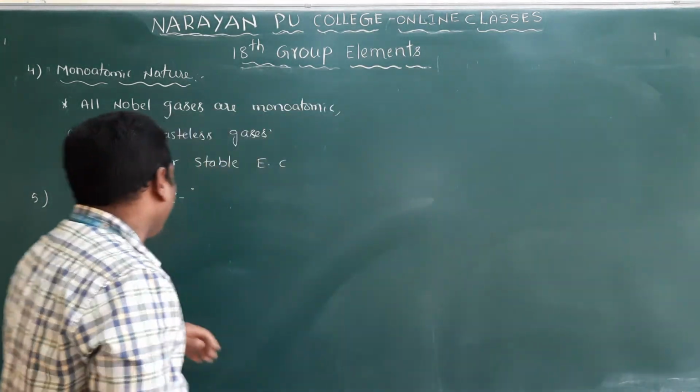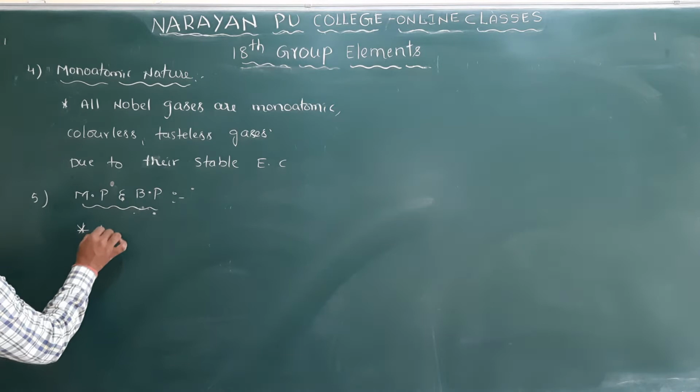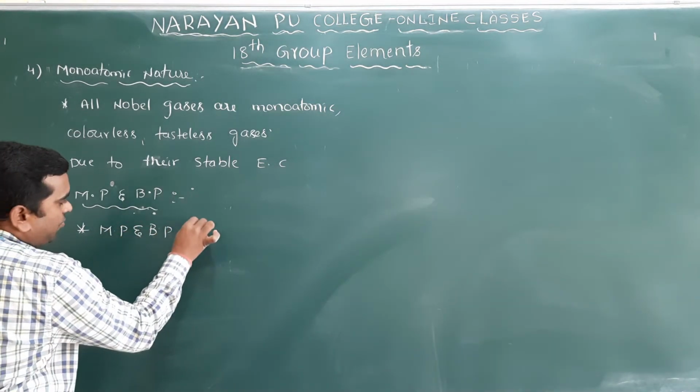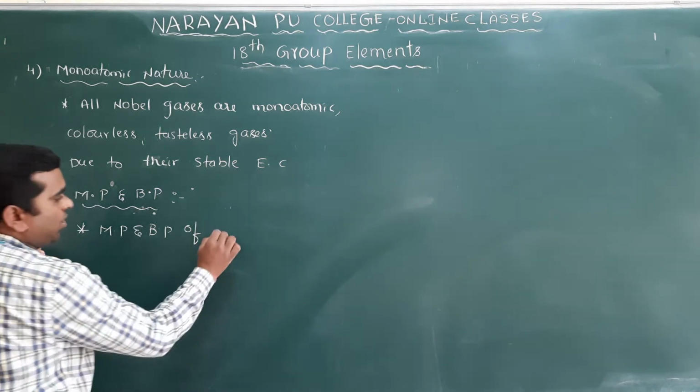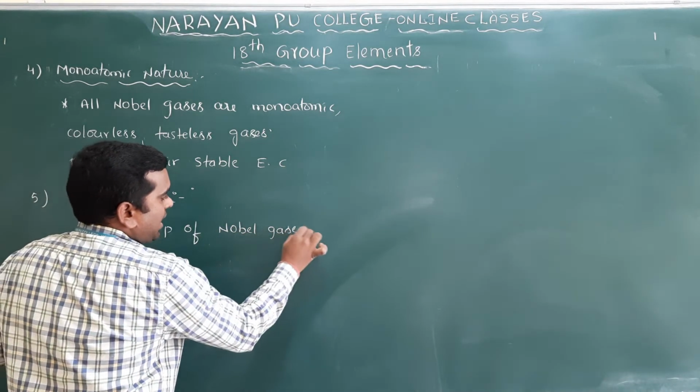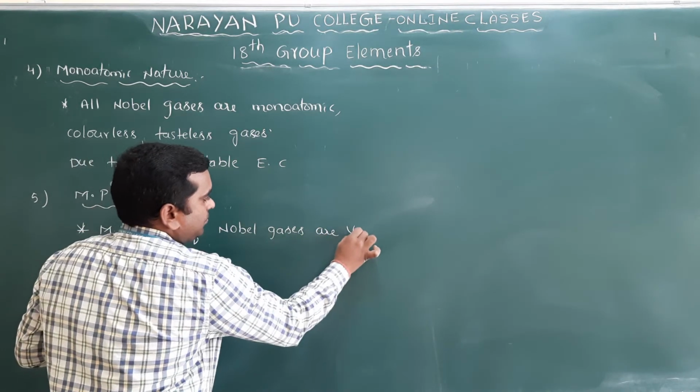So write that point: melting and boiling points of noble gases are very low.